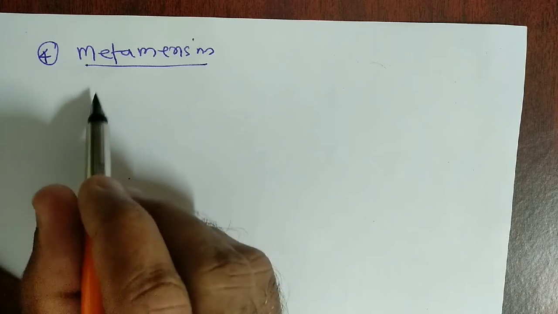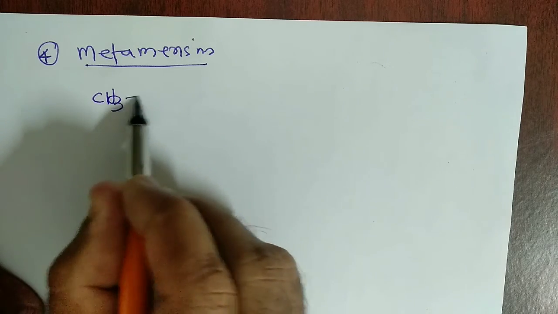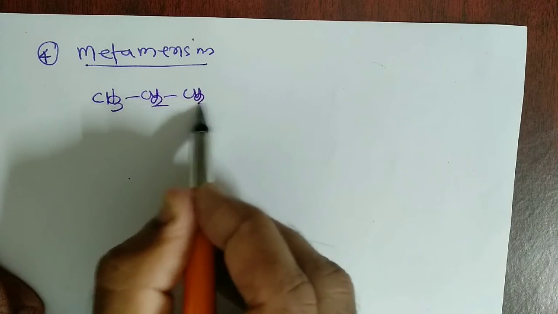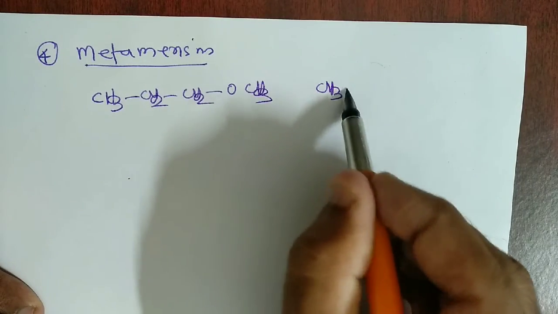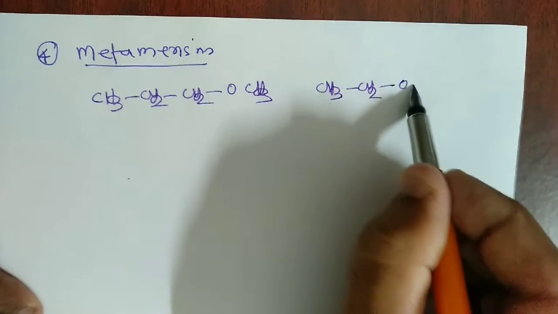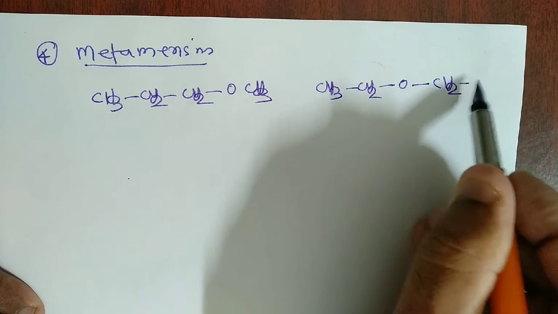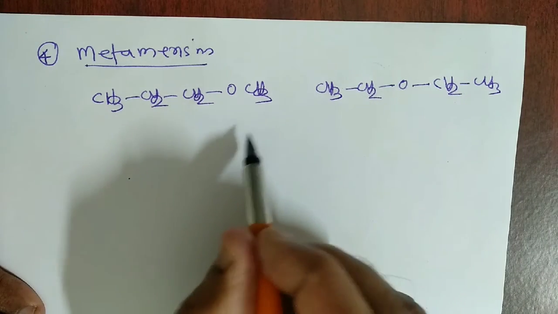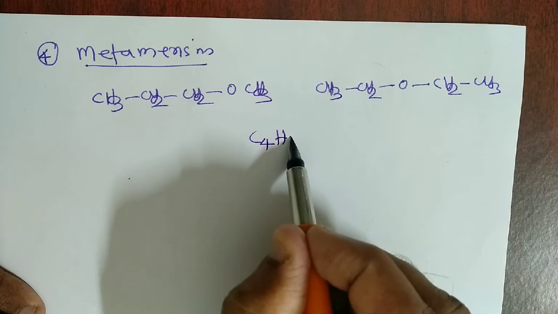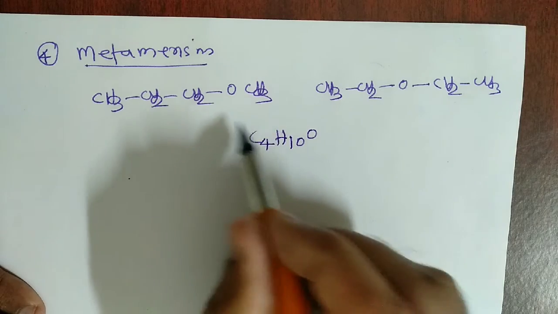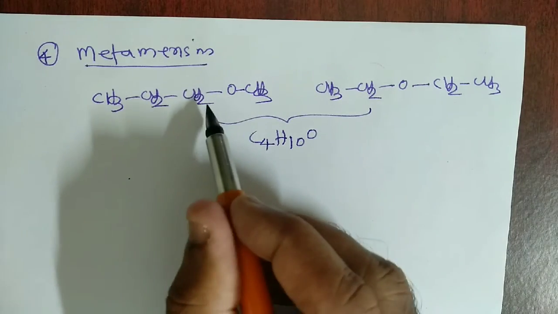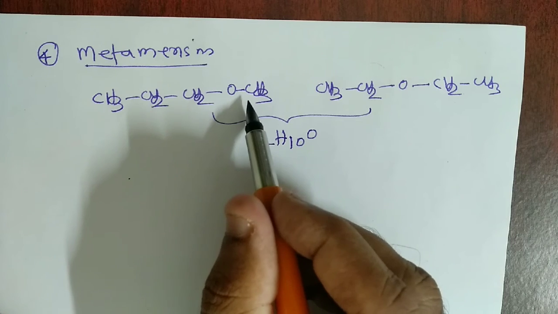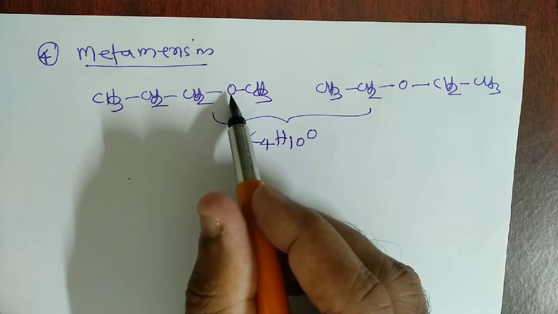For example, 1-methoxypropane and ethoxyethane. These two compounds have a same molecular formula C4H10O. They differ with respect to the nature of alkyl groups bonded to oxygen atom.